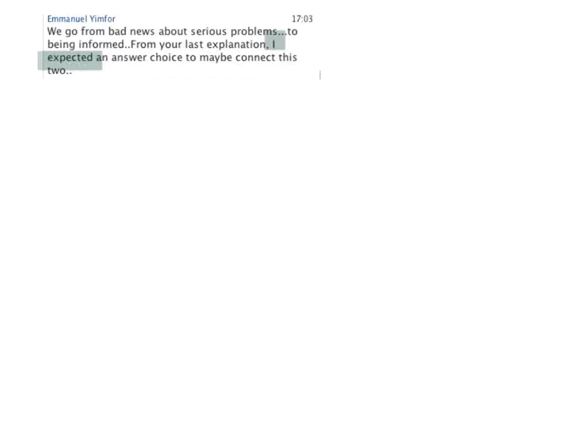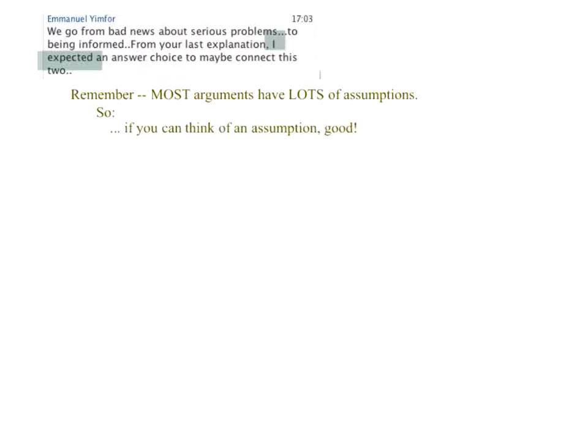Remember that most arguments have lots and lots of assumptions. If you can think of an assumption, then good, but make sure you don't have a mind that's closed off to other assumptions.